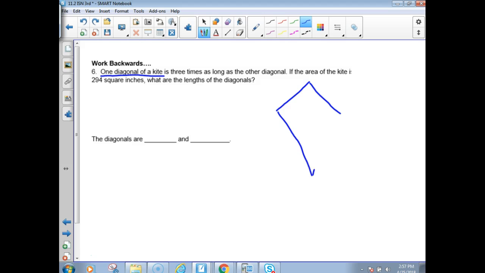I don't know why I made such a ginormous kite, but I did. It says one of the diagonals is 3 times as long as the other. So I'm going to make the little one x, because this other one going that way, which is the distance from there to there, would then be 3 times it, 3x.